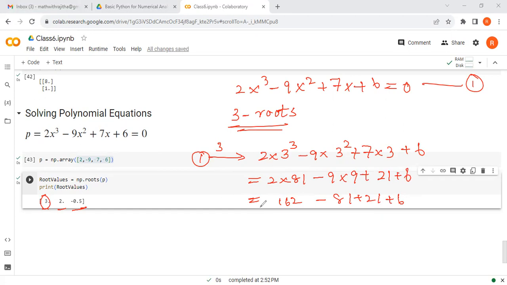Where did I make a mistake? 54 plus 21 plus 6 is 81. 81 minus 81 is 0, which is correct.